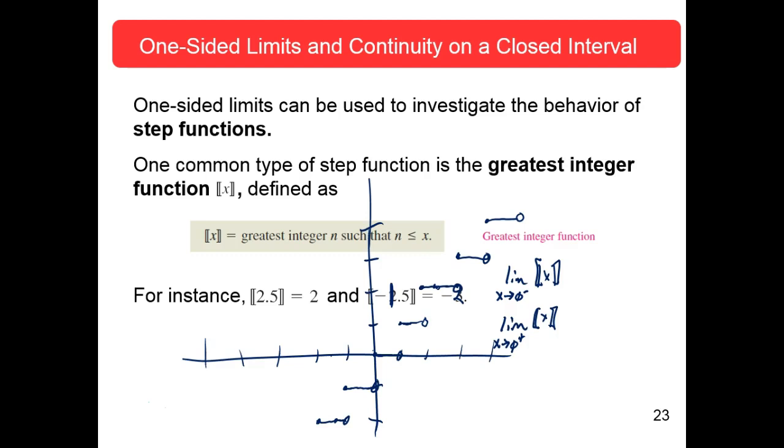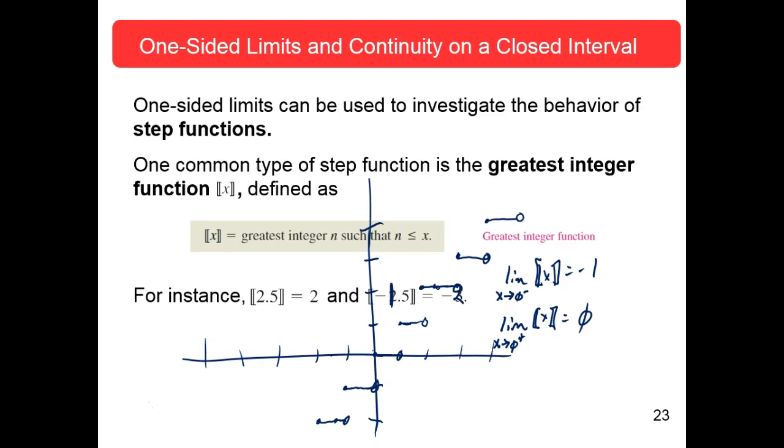As x approaches 0 from the right-hand side, 0. In fact, it's equal to 0. So this is -1, and this is 0. Do you think you'll ever get those to meet? No, not going to happen.